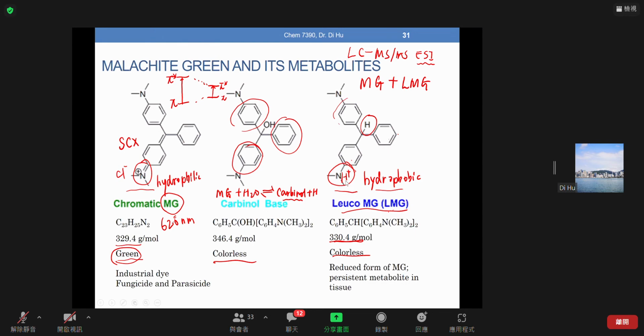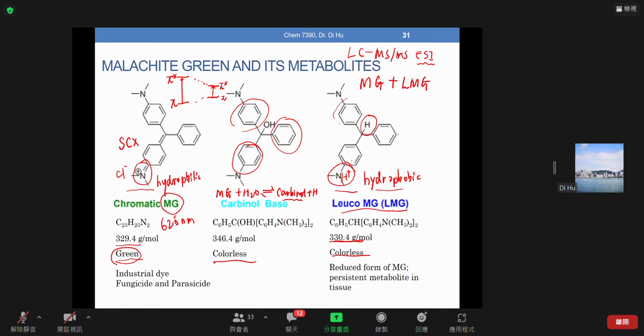Maybe you're thinking about adding a little bit of acidic buffer in the mobile phase as well. Why do I want to add a little bit of acidic buffer? To help the leucomalachite green to be protonated in ESI.